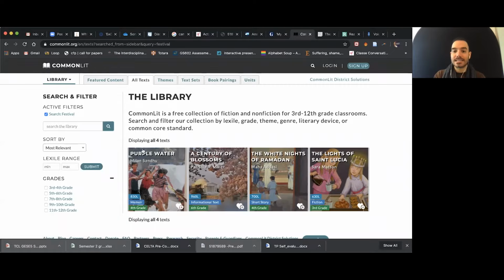And you get texts about this topic. These texts are short. They are easy for you to read, but they also help you develop your vocabulary.